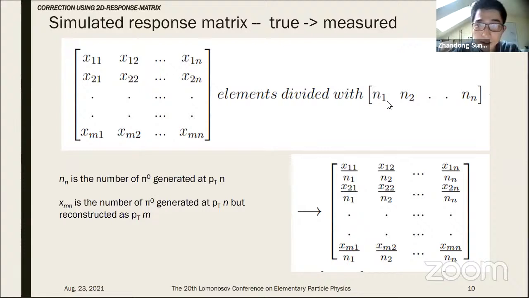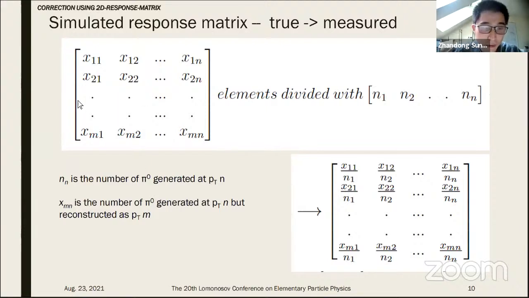First, in simulation, we generate a pi0 spectrum, and it comes as a one-dimension matrix. Nn is the number of pi0 generated at pTn, and we put it into our detector and measure it in simulation.